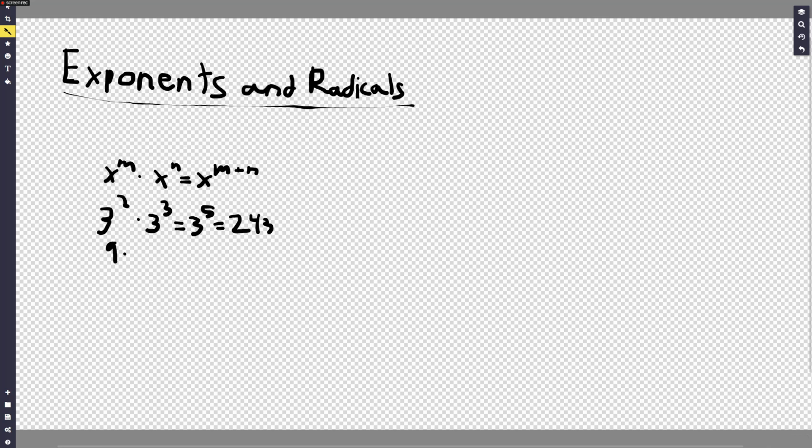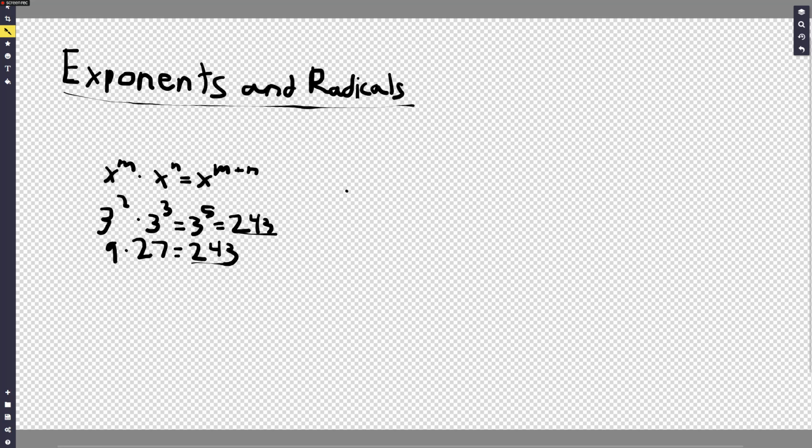That's 9. And what's 3 to the power of 3? That's 27. So if you were to get out your calculators, you'll find that 9 times 27 is 243. So that proves that when you multiply two exponents at the same base, you add their exponents.